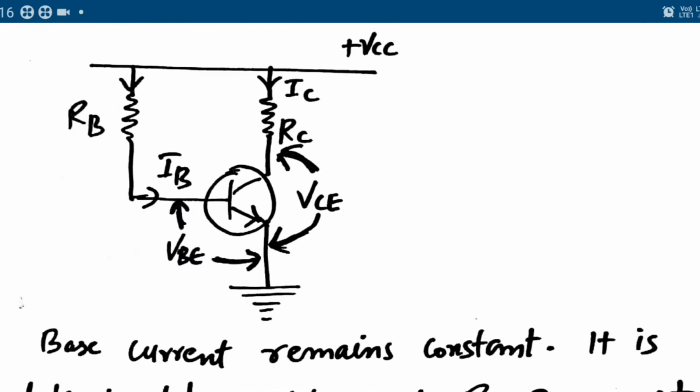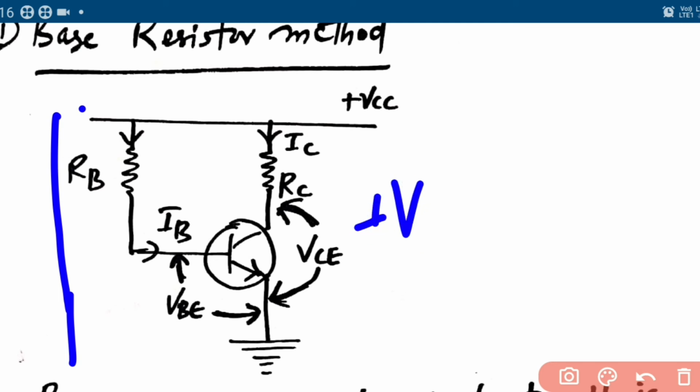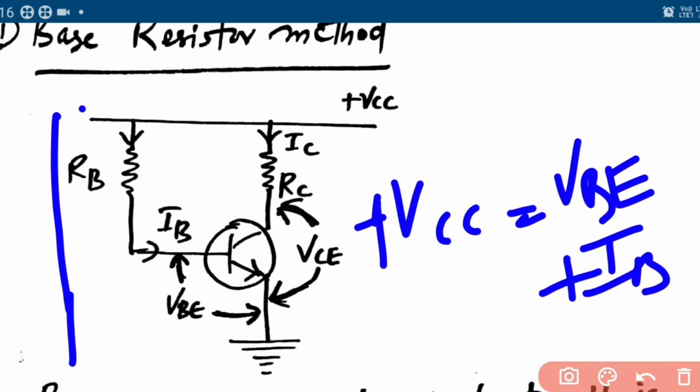When we look at the input part, here plus VCC is the voltage applied. So VCC is equal to VBE plus IB RB. That is quite evident.